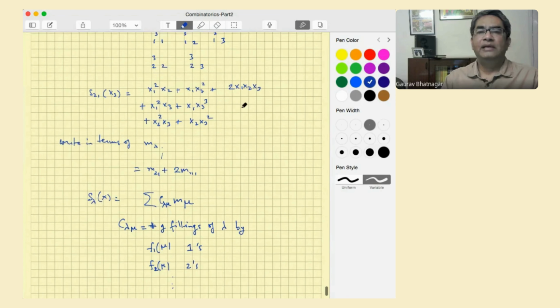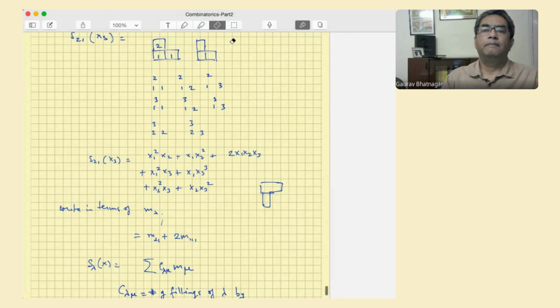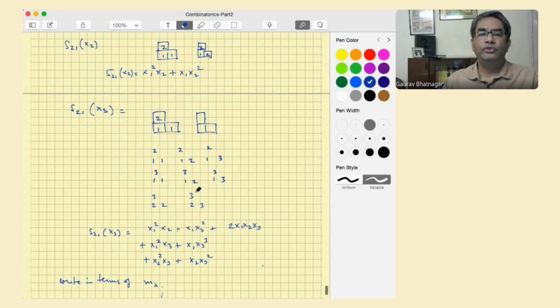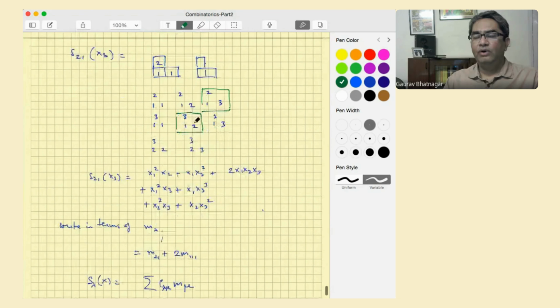And so, for example, here you have two fillings. This corresponds to two fillings of this shape. So of this shape, there were two fillings which had 1, 2, 3 in it, which is this guy and this guy. So these are the two fillings where 1, 1, 1, 1, 1, 2, and 1, 3 come.